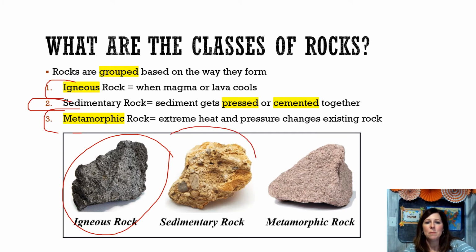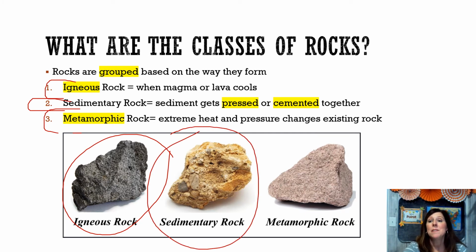So let's talk a little bit more about the sedimentary rocks. Sedimentary rock is composed of minerals formed from solutions or sediments from older rock. As you can see in this picture, there's lots of little things in this rock. And remember, some of these might have been living at one time.